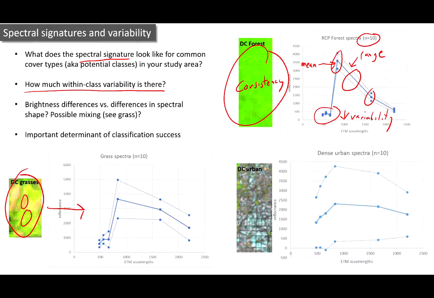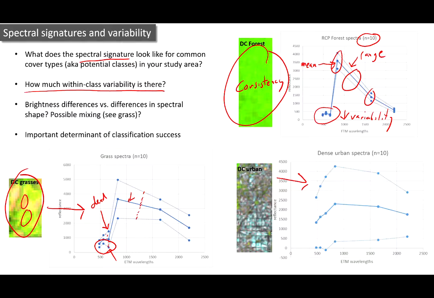Your mean spectrum here is actually a mix of live grass, with good red absorption because it's photosynthetically active, and dead grass, which is not. So this becomes a tricky class, and it might be better to make a live class and a dead class because there's such a range of spectral signatures within this single class.